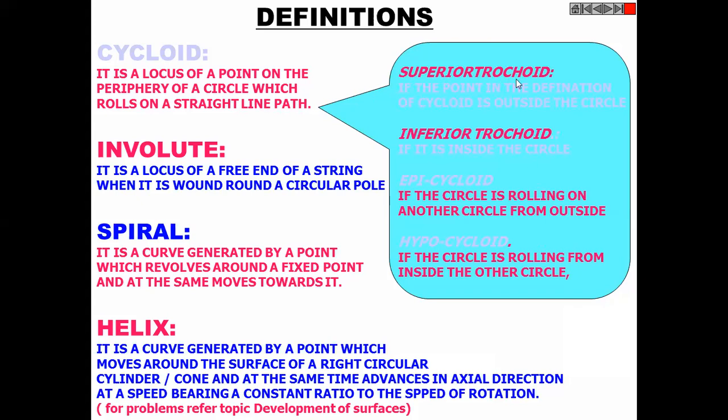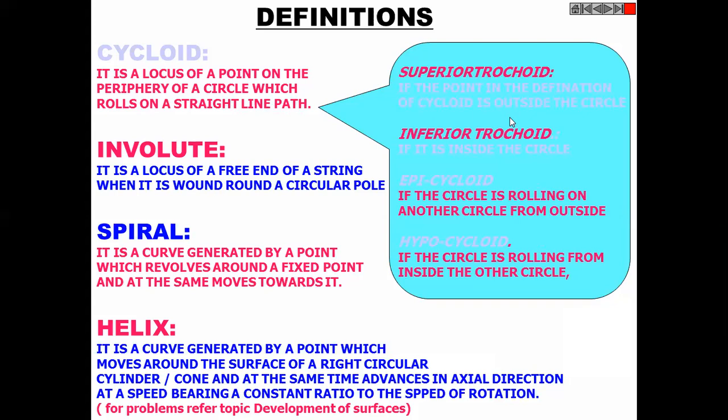First we will see superior trochoid. What is that? If the point in the definition of cycloid is outside the circle. Now what was the definition of cycloid? The point on the periphery of a circle, where the circle itself travels in a straight line path. Fine, that is the definition of cycloid.